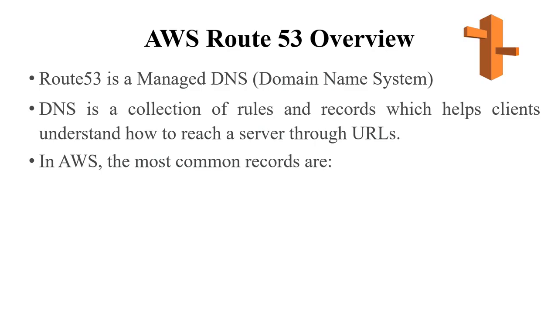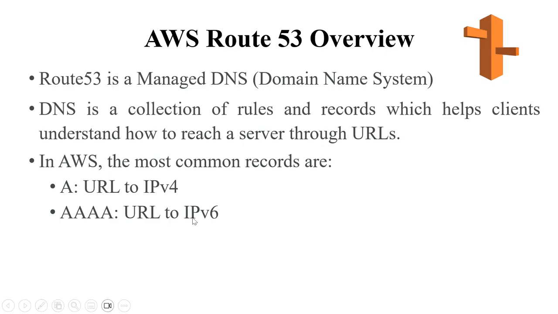In AWS, whenever we are working with Route 53, there are some important common records which we need to remember. URL to IPv4 mapping: how do we map IPv4 addresses? That is the A type of record. And URL to IPv6: I may have an IPv6 address in the backend and need to create one URL mapping to that.